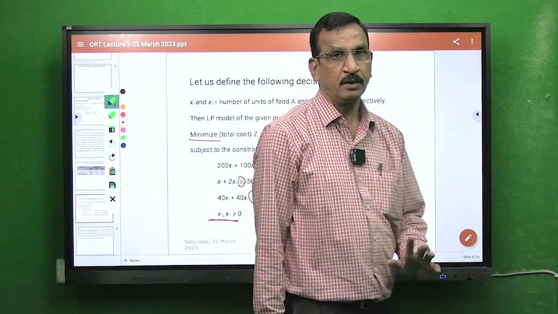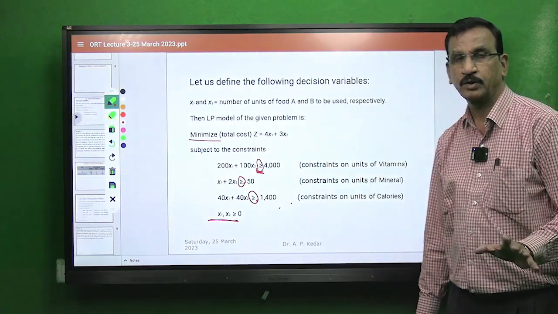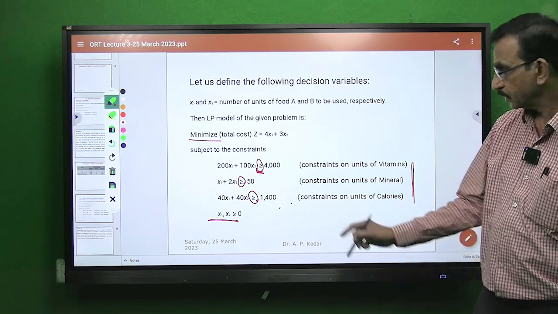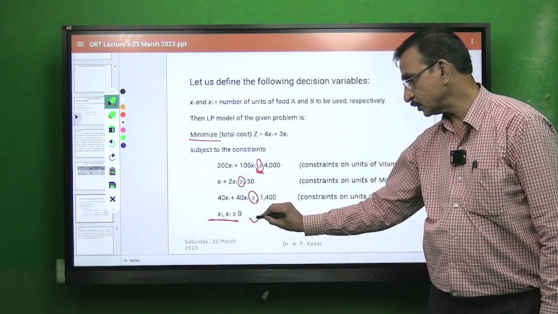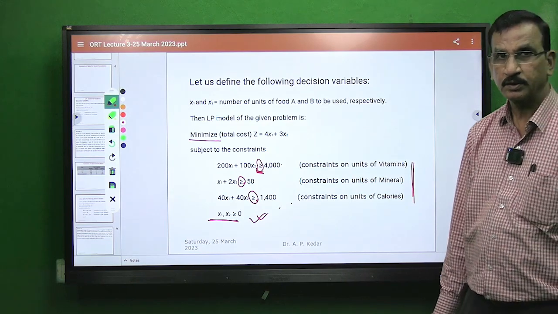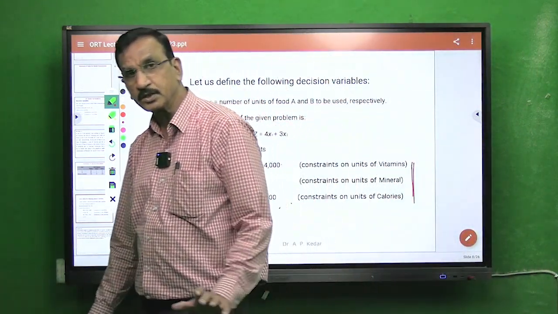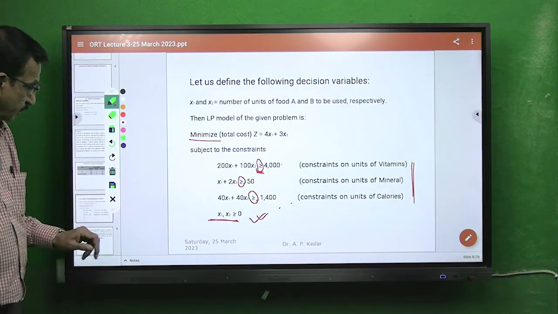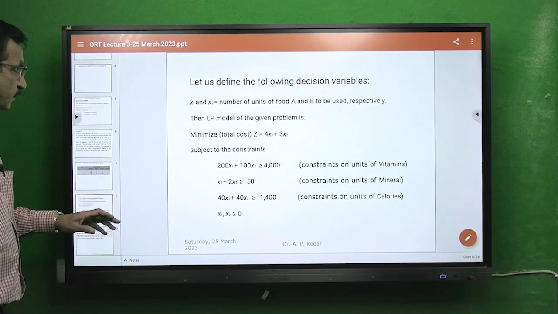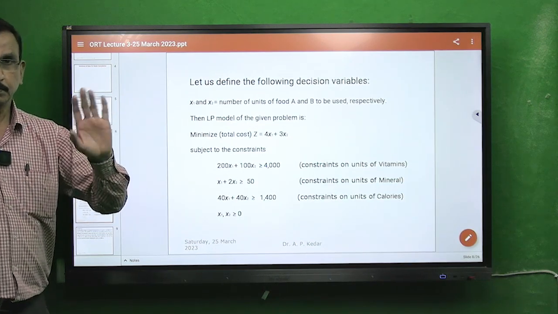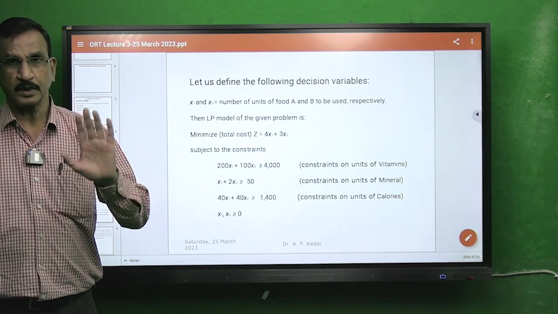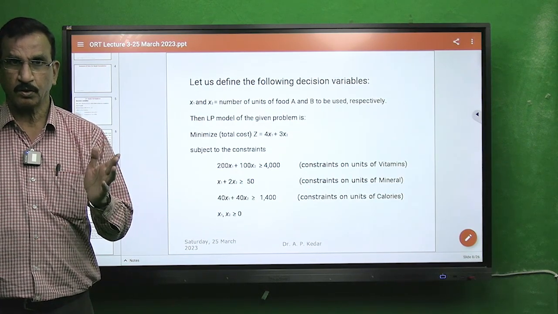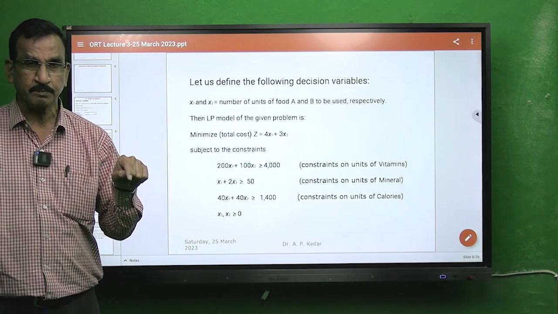Remember, the non-negativity condition won't be given in the problem. After writing your constraint equations, you have to put this last non-negativity condition in the form of an equation, stating that the decision variables which you have assumed are greater than or equal to 0. Next problem. In the first problem we studied how to tackle a maximized objective function, with all constraints of less than or equal to type.